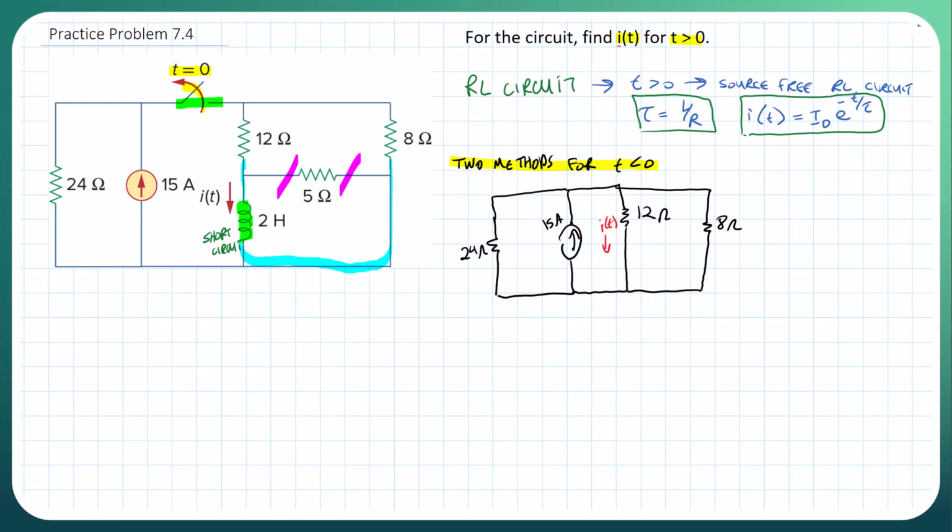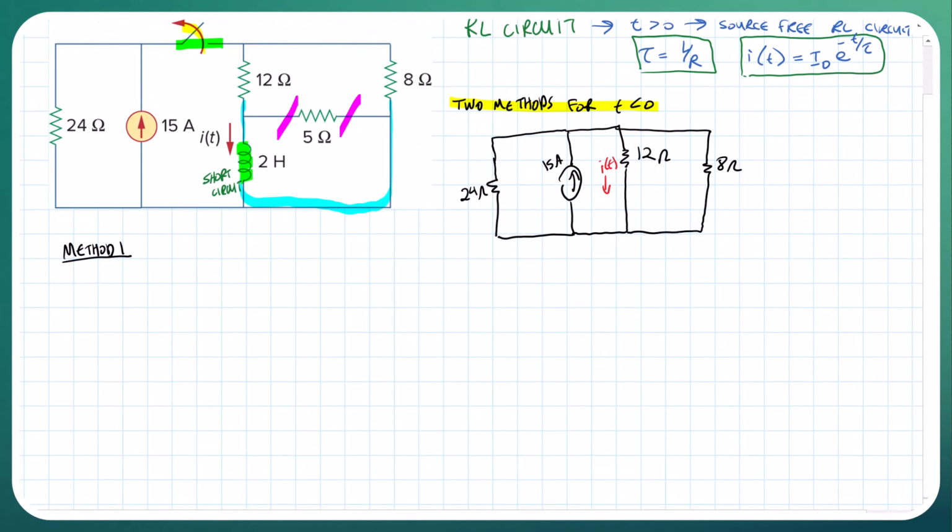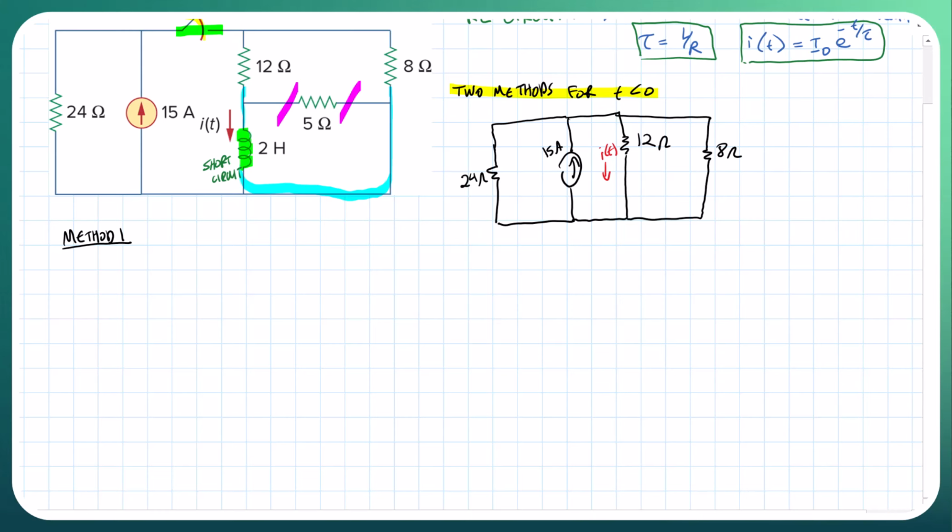Let's do method 1. So method 1, we're going to use the same circuit, and we're going to use nodal analysis, and I'm going to call this node V. I'm going to ground this down here, and then I'm going to say we have our current coming down this way, a current coming down this way, and a current going down this way, and of course that 15 amps is going up.